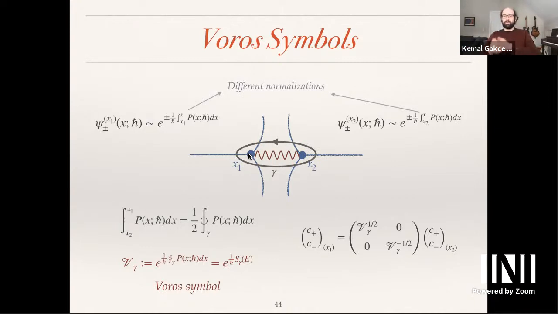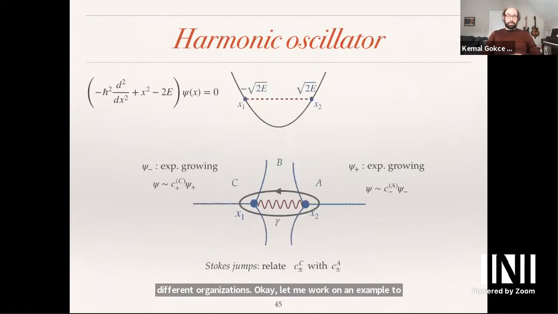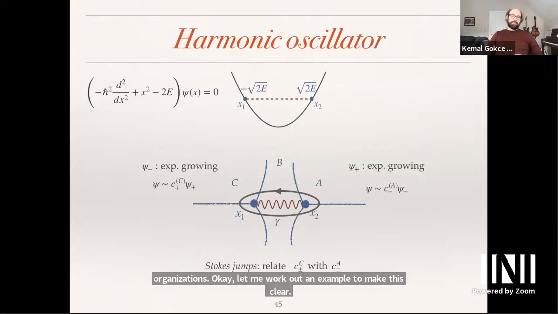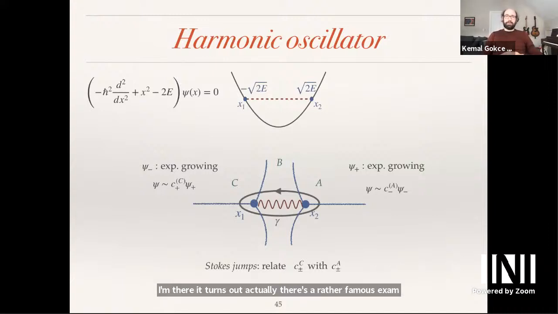Now what I have to do is to put together these Stokes jumps that I discussed yesterday with this connection relation that relates two different normalizations. Okay, let me work out an example to make this clear. It turns out there is a rather famous example in physics which has such a Stokes graph.